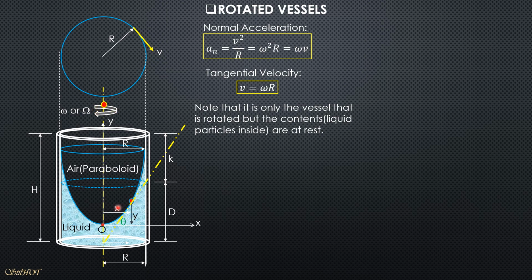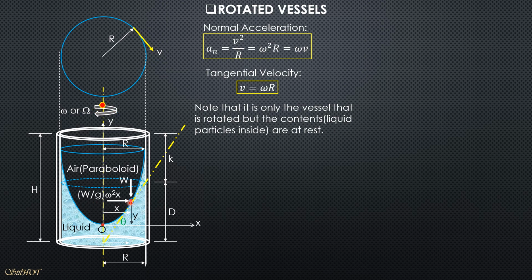So we analyze this particle here. We have its weight, and since there is normal acceleration towards the center, there is reverse effective force, which is equal to mass times normal acceleration. And because its radius or distance from the axis of rotation is x, then that reverse effective force is equal to W over G, mass, times omega square x.